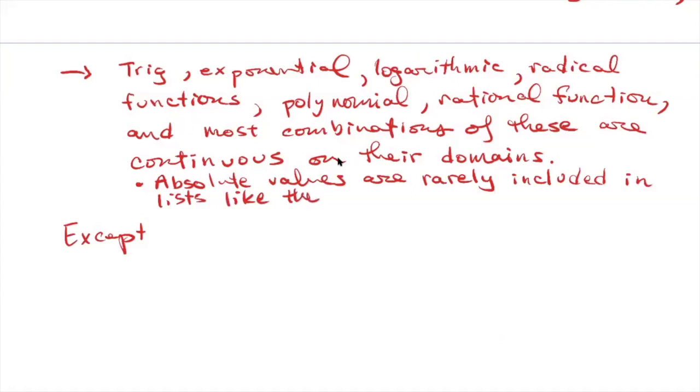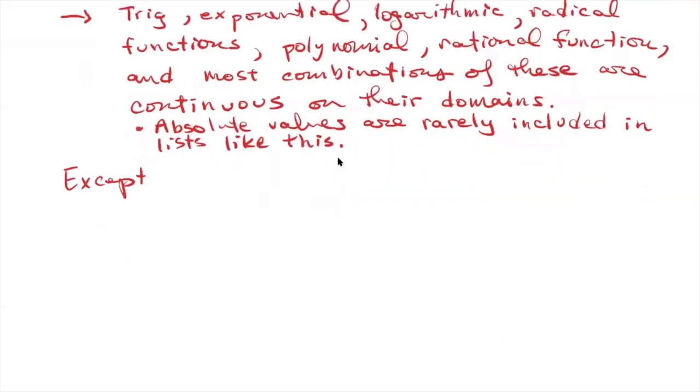Because absolute value, you can do all kinds of weird stuff with absolute values, as evidenced by the very first example that I gave, which was the absolute value of x over x, which is not a continuous function on its domain. So, oh, I should, yeah, we'll leave it at that.